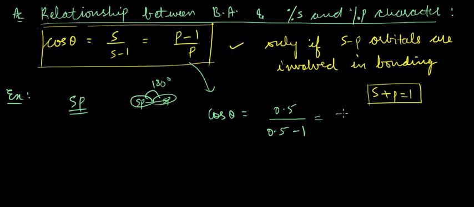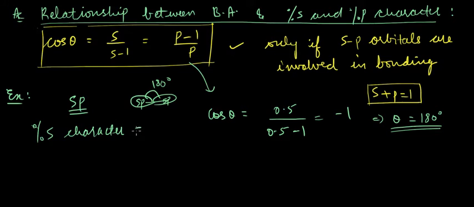So this gives us minus 1. So theta comes to 180 degrees, which is also proven by this formula. Okay, so in this case percentage s character was 50 and percentage p character was also 50.